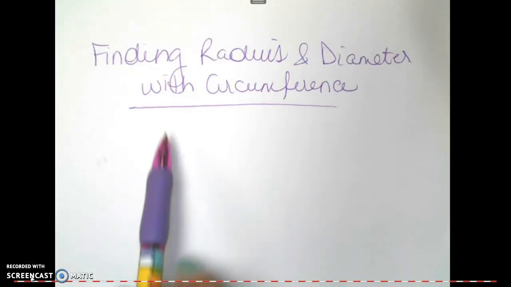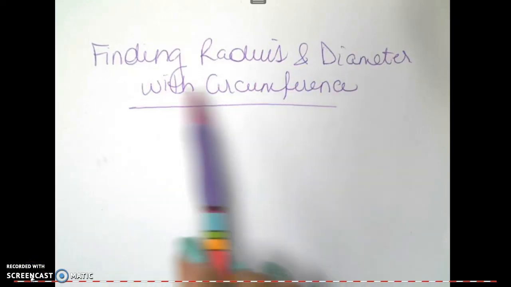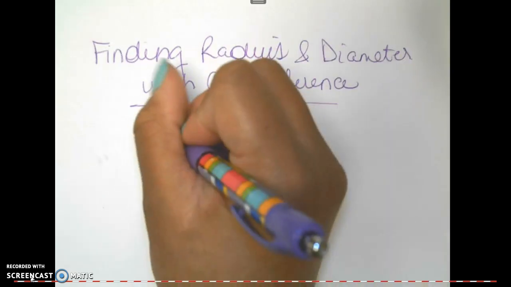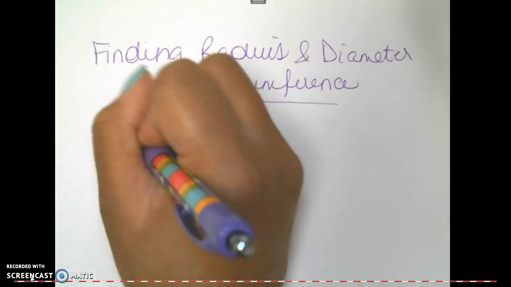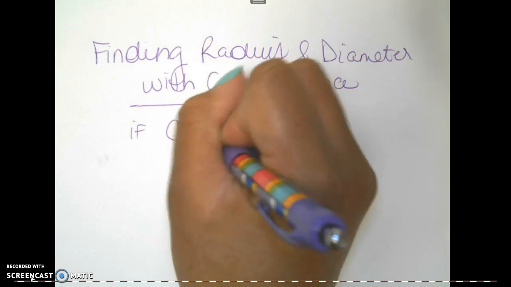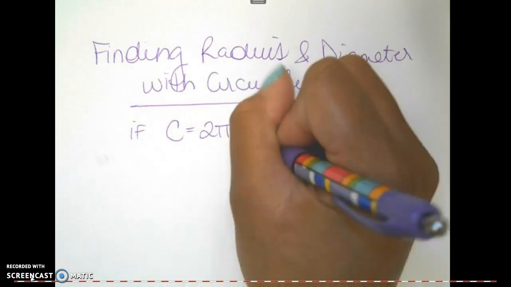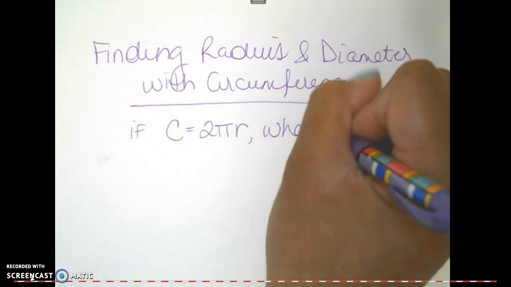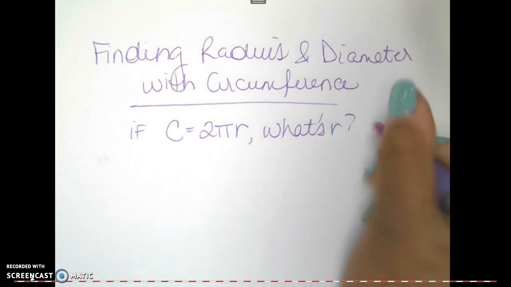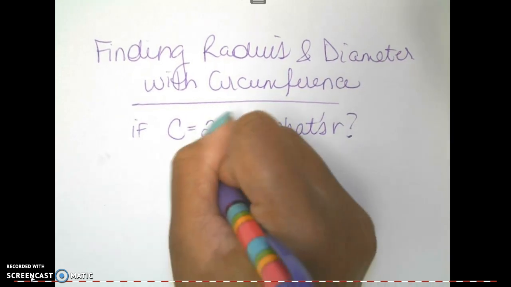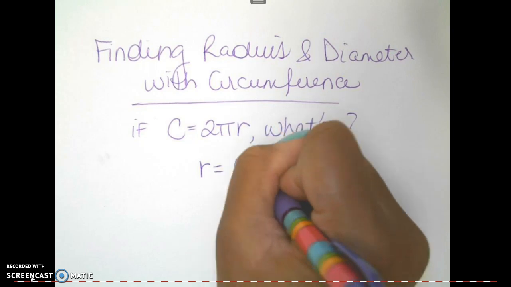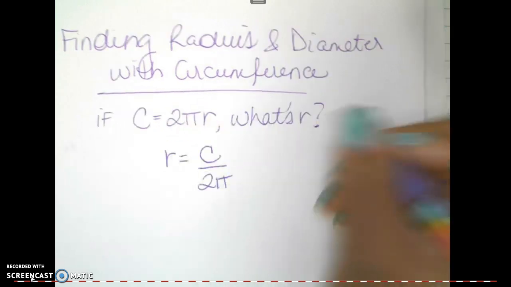Okay, so if you're working backwards and you're trying to find the radius and the diameter with circumference, you need to refer to your notes where I said that if C equals 2 times pi times radius, what's R? Well, you've got to solve for R, and R ends up being C divided by 2 pi. How did I get that?